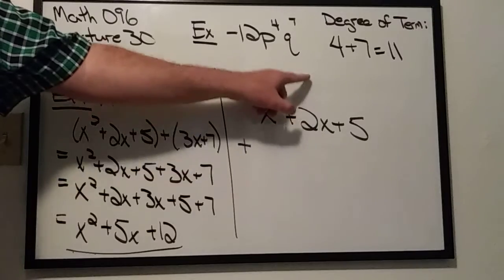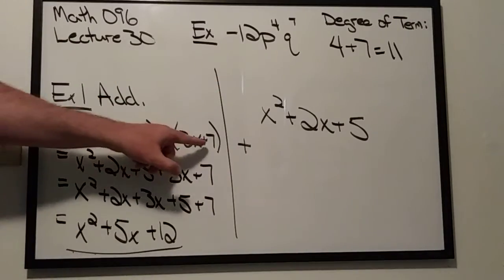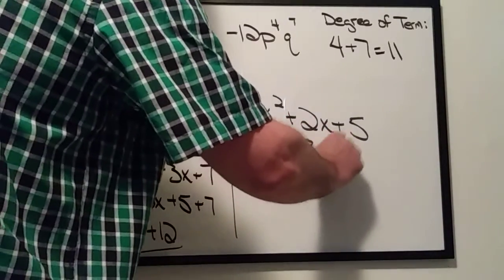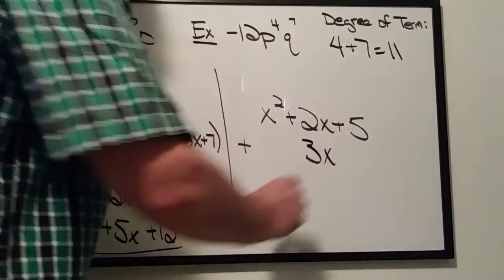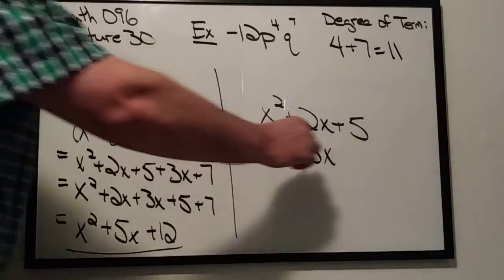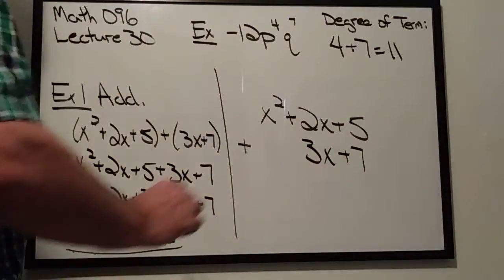So my next column here has a 2x in it. That's an x to the first power. I have an x to the first here, so I'm going to write down my 3x directly below the 2x. And now those two pieces that have x to the first are lined up in the same column. And then similarly, I'm going to put the plus 7 so that the constants are lined up here as well.